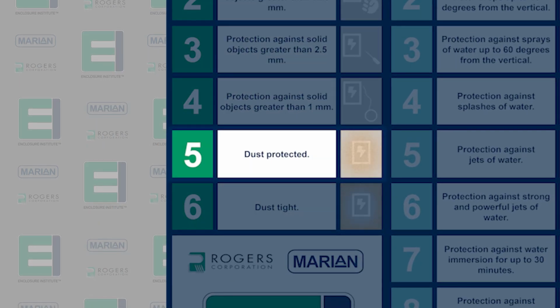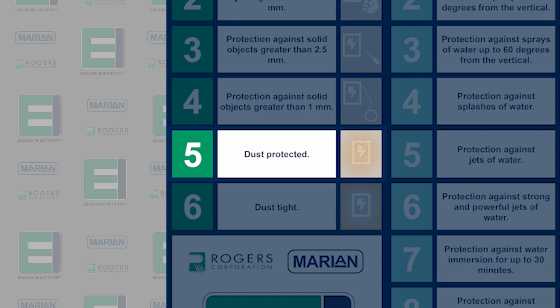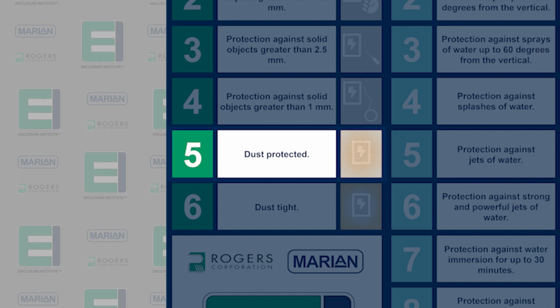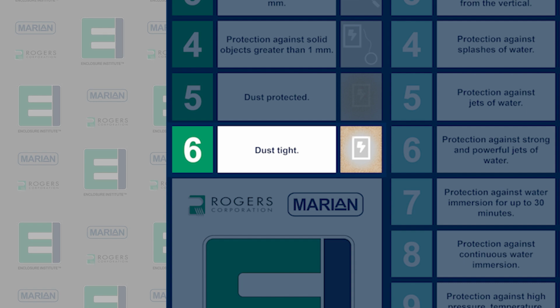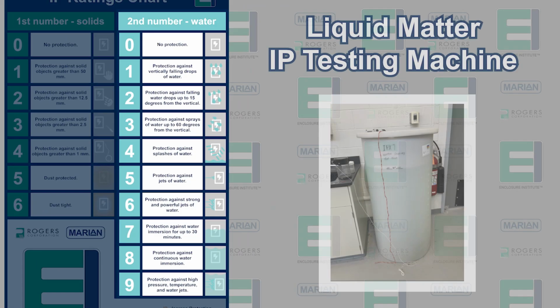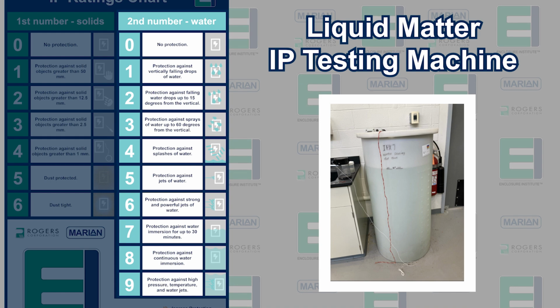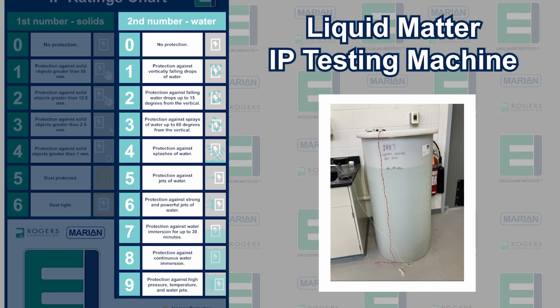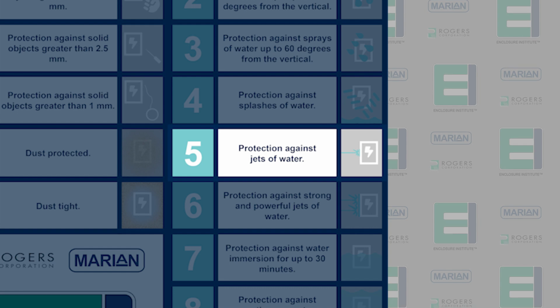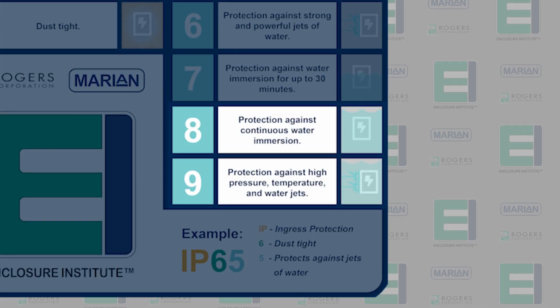IP5X allows a small amount of dust to penetrate the enclosure, but not enough to interfere with the function of the enclosed devices. IP6X, on the other hand, requires that the device is dust-tight. The second digit in the rating system addresses the device's ability to seal out moisture under various conditions, from dripping water to powerful water jets and all the way to submersion for up to several hours.